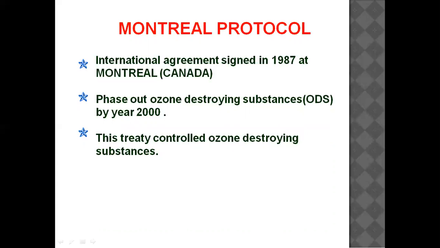In 1987, at Montreal City in Canada, an international agreement was signed, and the main aim of this agreement was to phase out the ozone destroying substances by the year 2000. So this kind of agreement or treaty was taken to control the ozone destroying substances.